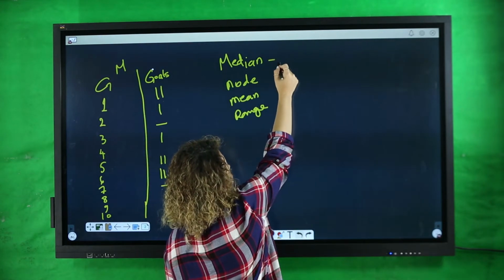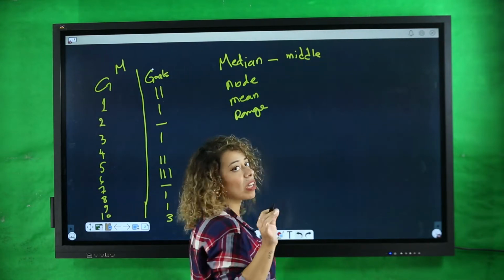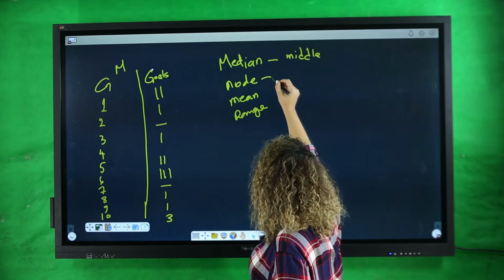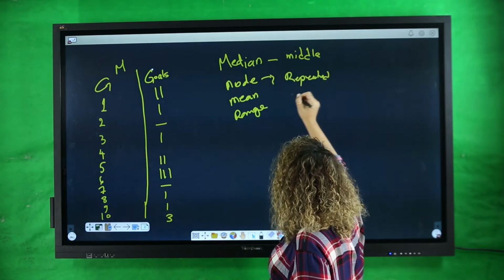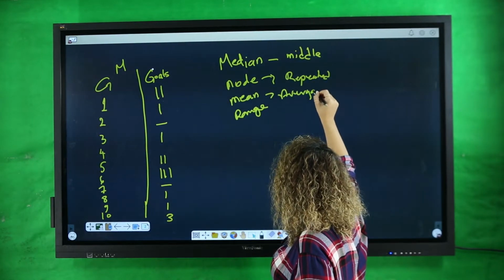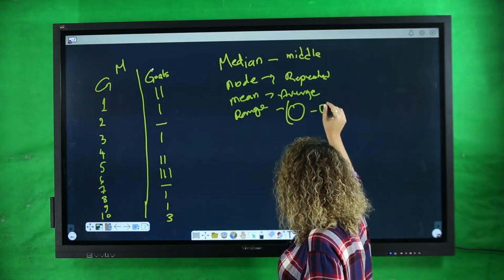The median is the one in the middle, and it has a certain criteria that we need to fit. The mode is the one mostly repeated. The mean is the average, and we are going to know how to get it. And the range is the bigger one minus the smaller one.